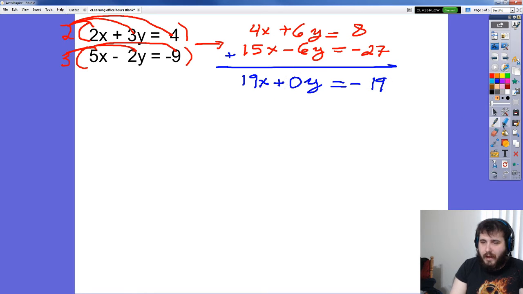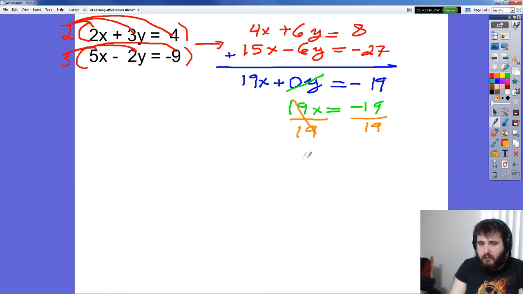So there's 0y, this goes away, right? 0 of anything, you can ignore it now. You got 19x equals negative 19. And then we can solve this one-step equation by dividing both sides by 19 and canceling out the 19s.